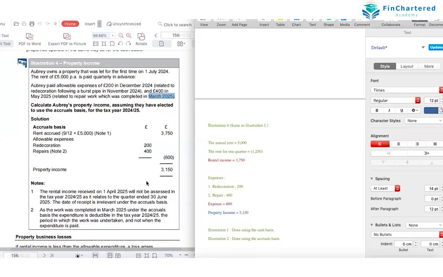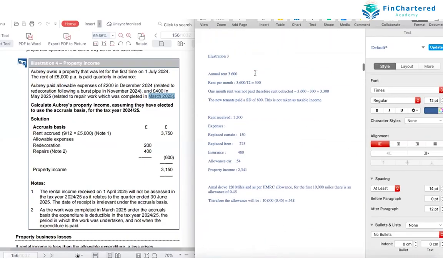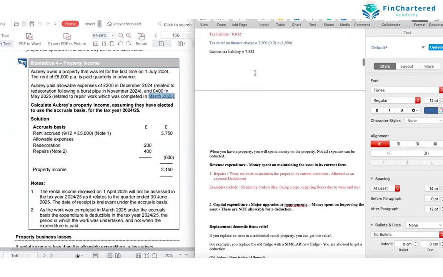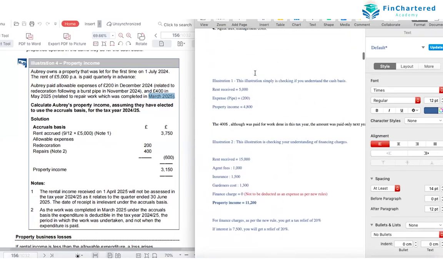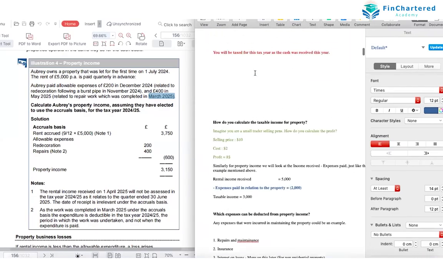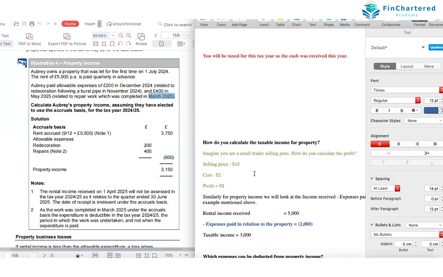Next is property business loss. Again, going back to this example. Imagine I sell the pen for 10 rupees, but my cost is 20 rupees. In that case, what happens? I have a loss of 10 rupees.